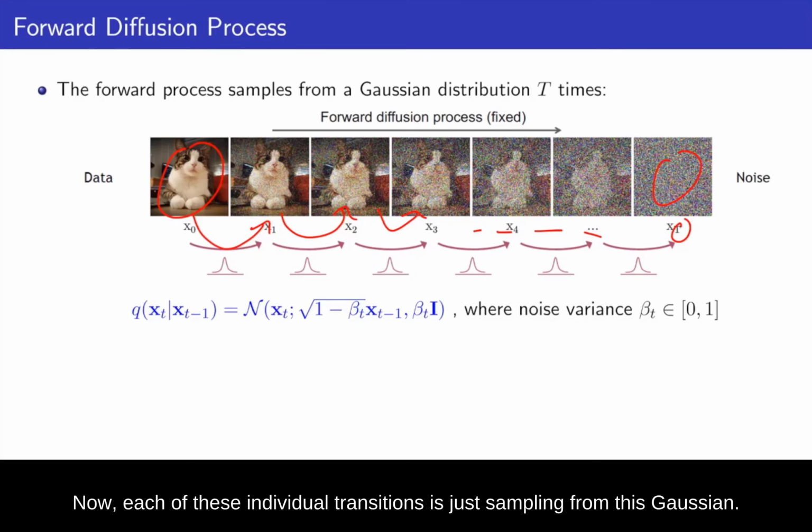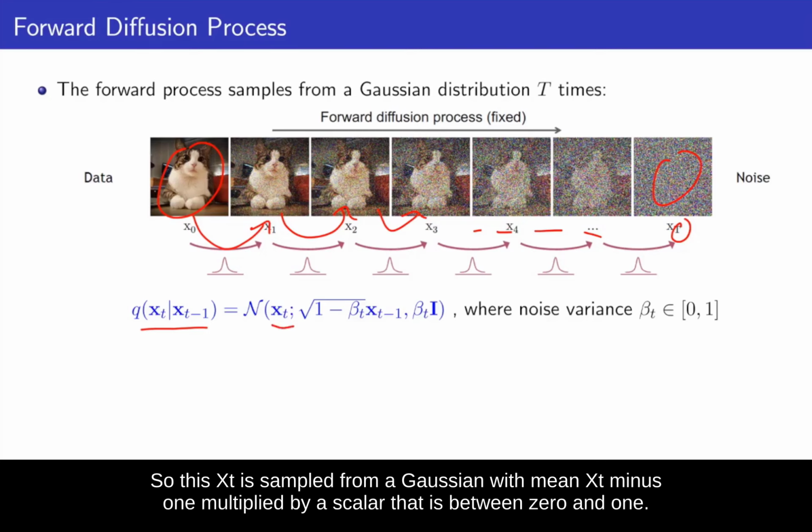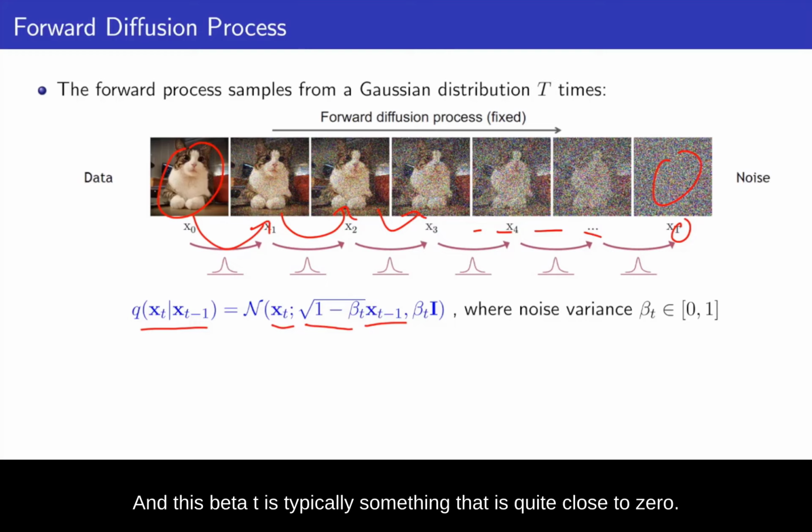Now, each of these individual transitions is just sampling from this Gaussian. So this x_t is sampled from a Gaussian with mean x_{t-1} multiplied by a scalar that is between 0 and 1, and this beta_t is typically something that is quite close to 0. So you contract the x_{t-1} a little bit.